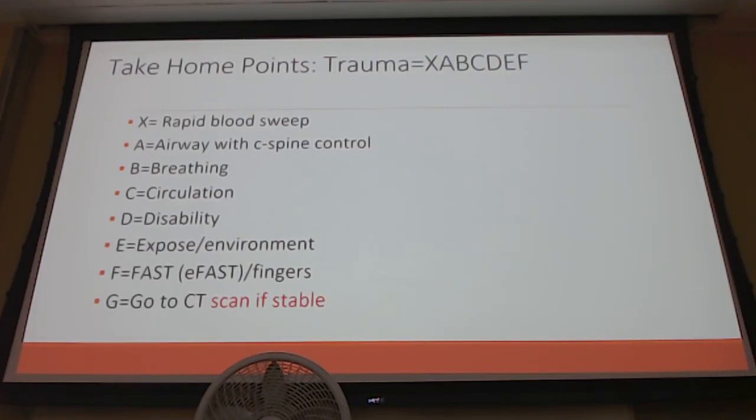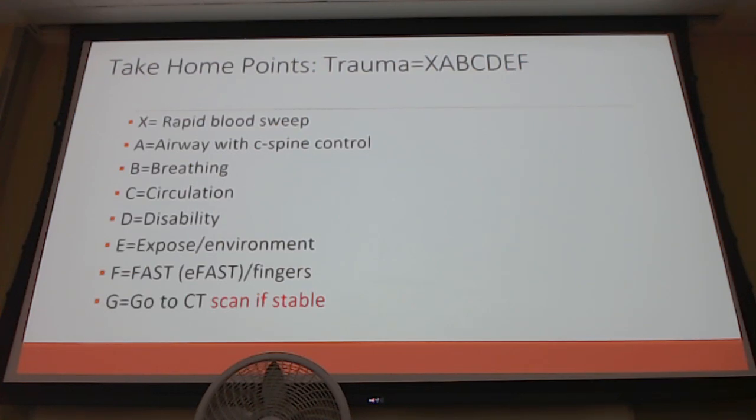The data has shown we've improved mortality by following this systematic approach. Most of you will attend Advanced Trauma Life Support, a 3-day or 2-day class depending on where you're at. It goes through your primary, secondary, and tertiary surveys, and does a good job of doing some hands-on and how you would run a trauma.